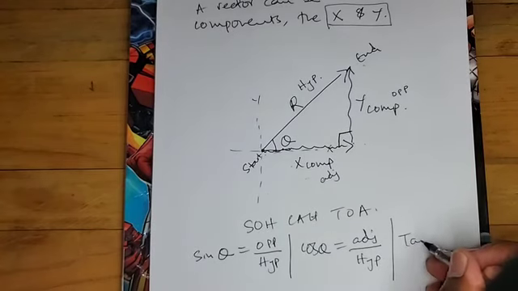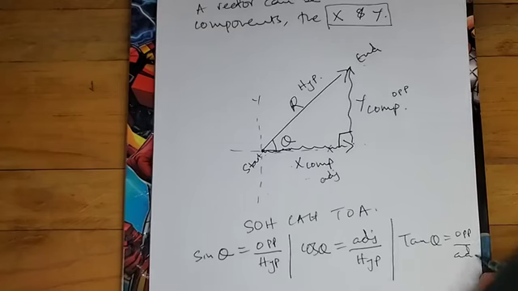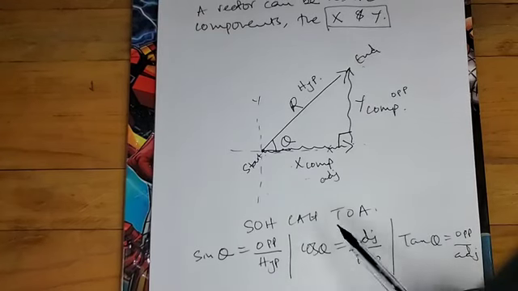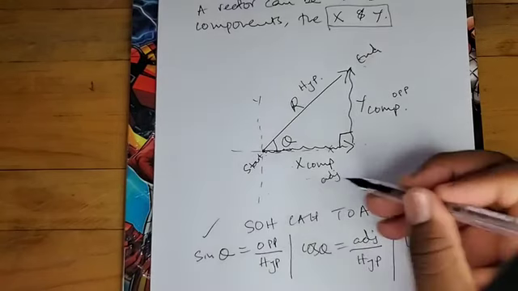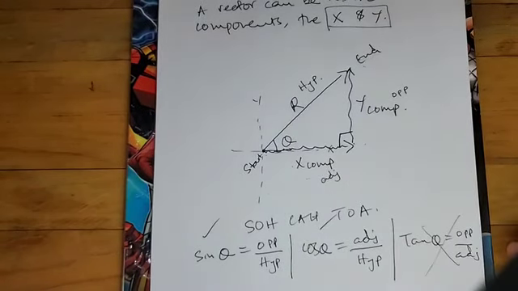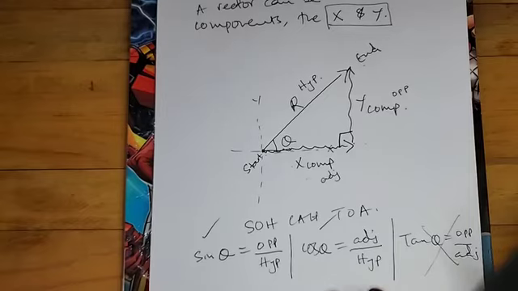And the last one, tan theta is equal to the opposite divided by the adjacent. Now, tan is not used when you are splitting a vector into its components. The only things you're going to focus on are sine and cos when splitting a vector into its components.